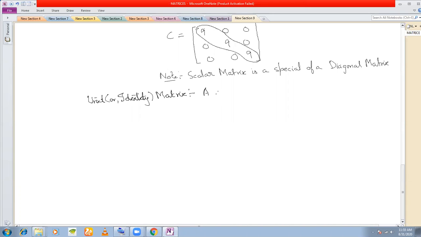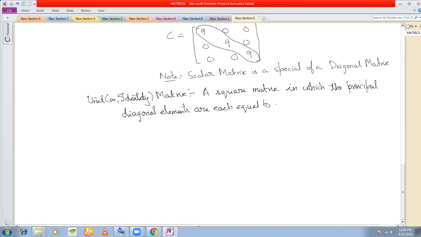A square matrix in which the principal diagonal elements are each equal to unity, or 1, is called an identity matrix.